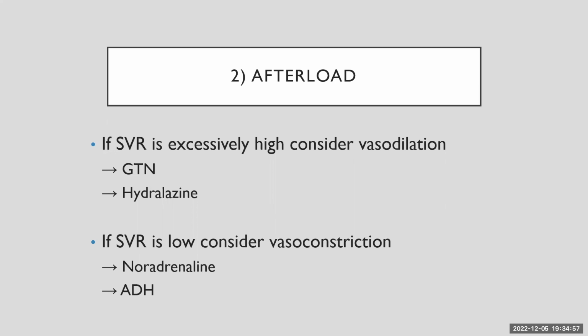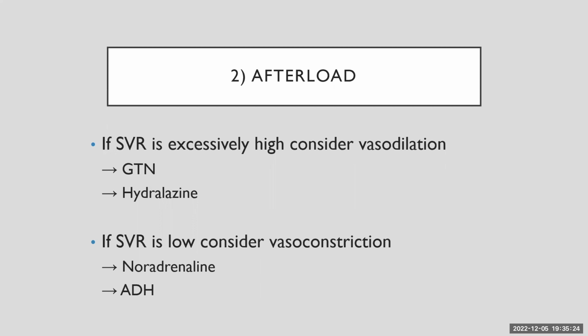There may be an element of sepsis, particularly, for example, if patients are having surgery for endocarditis, stirring up the inflammatory milieu of the aortic valve or mitral valve vegetation can similarly trigger a systemic inflammatory response. And so often these patients may have high cardiac output, but because the SVR is low, they're very vasodilated, the blood pressure is low, and the delivery of oxygen to the tissues is low.